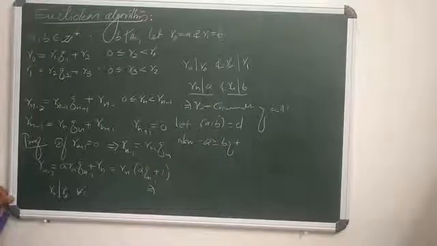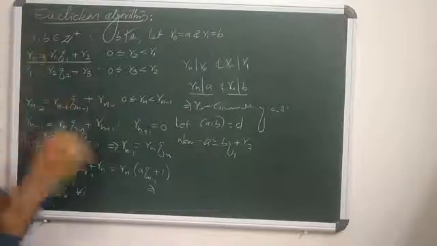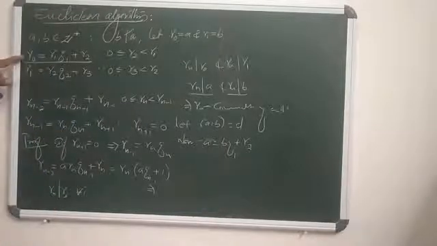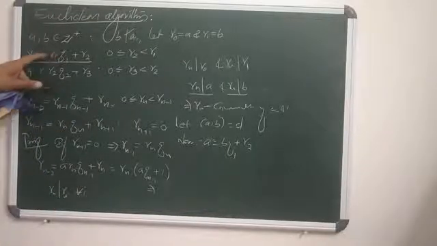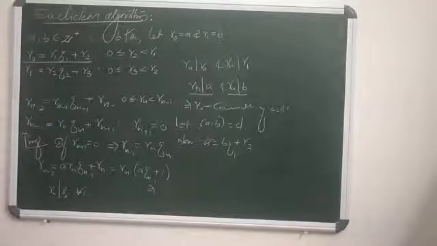It is B Q1 plus R2. Here the first relation is R0 equals R1 Q1 plus R2, where R0 is A and R1 is B. So A equals B Q1 plus R2.